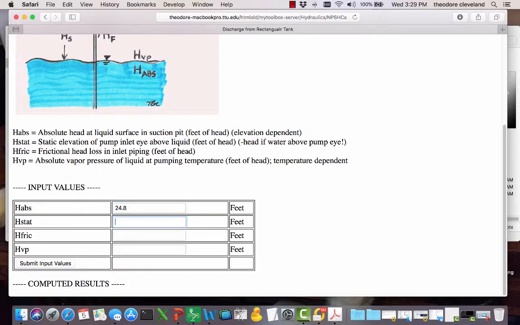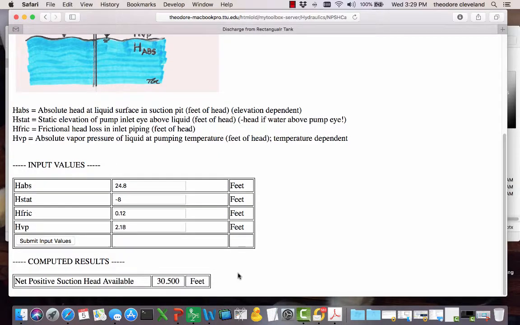The static is -8, and it's minus if the water is above the pump eye, which is what the problem statement said. Our frictional loss was 0.12, and we're at 100 degrees instead of 90, so our 2.18 feet of vapor pressure. Hit that, and it says we have 30 feet of net positive suction head available.